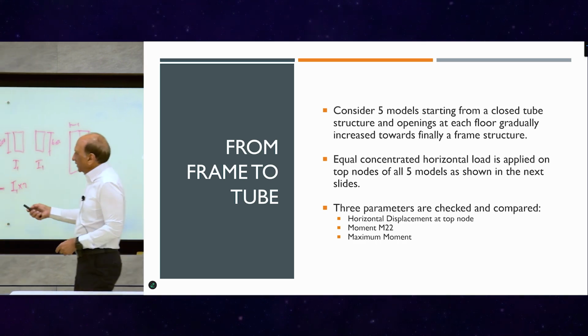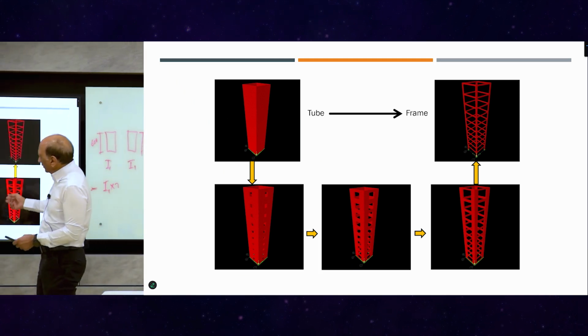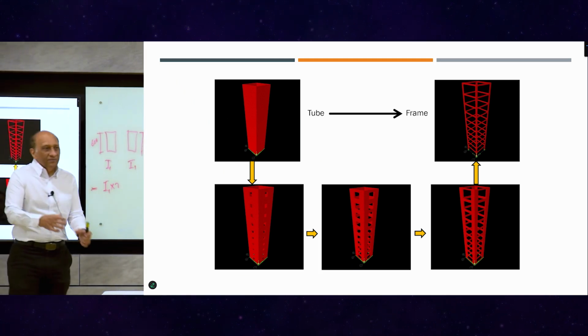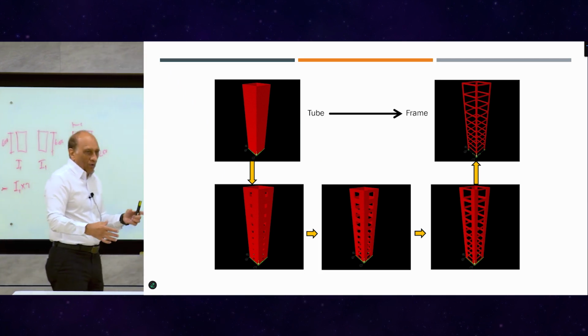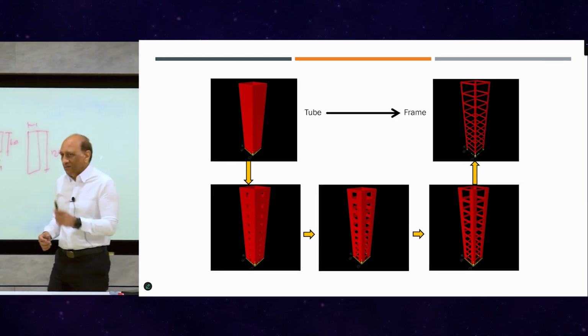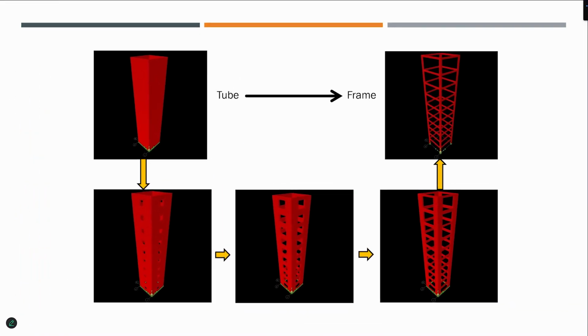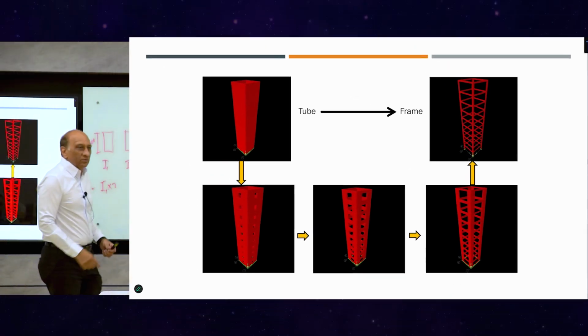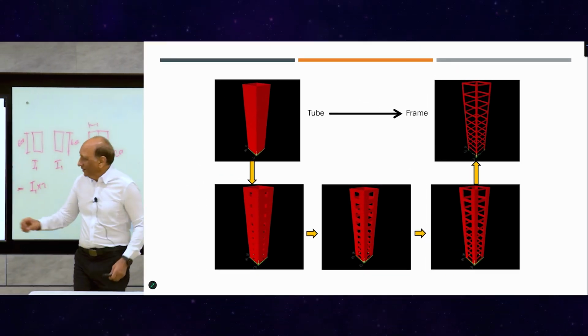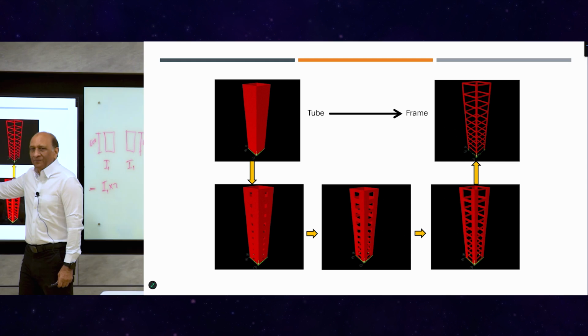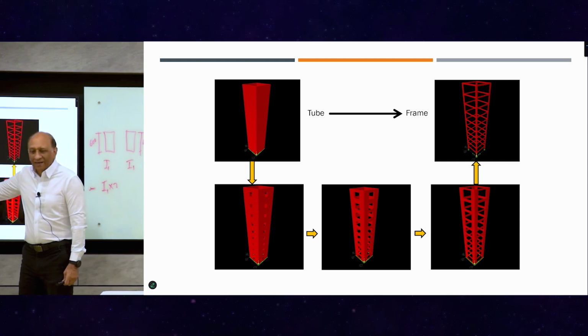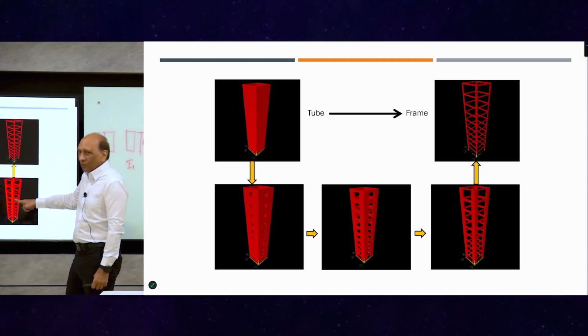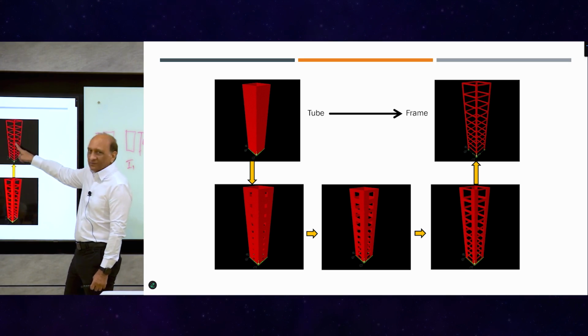And the way it works is very interesting. So this is a tube, a real tube made from concrete wall, right? And now it's interesting. If I take this solid tube and I put some holes in it, it becomes a wall with openings, correct? If I increase the size of the openings, it becomes walls with bigger openings. If I increase the size further, it becomes a frame.